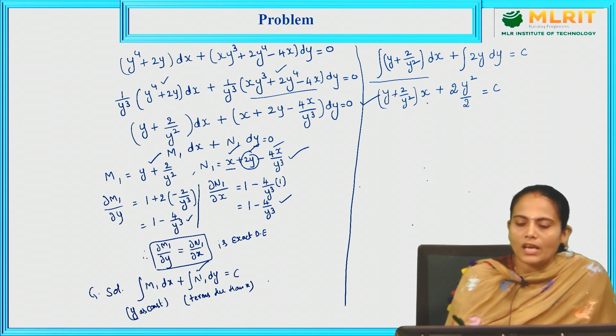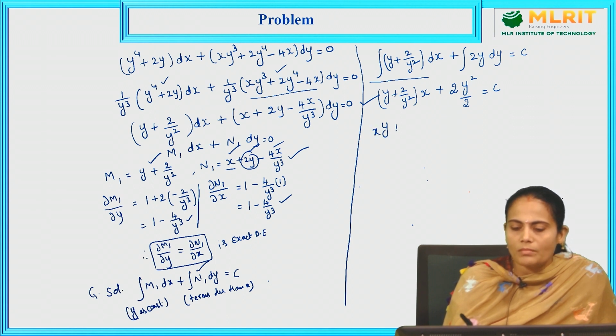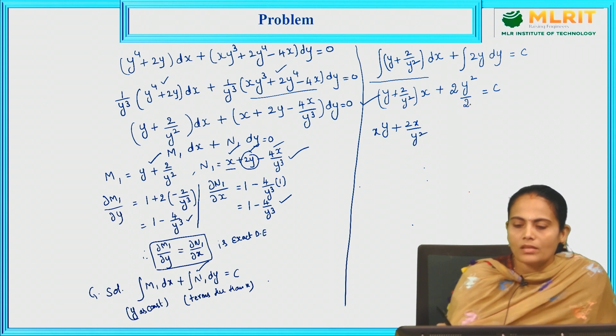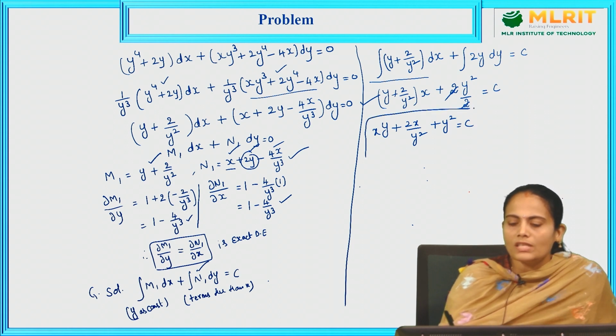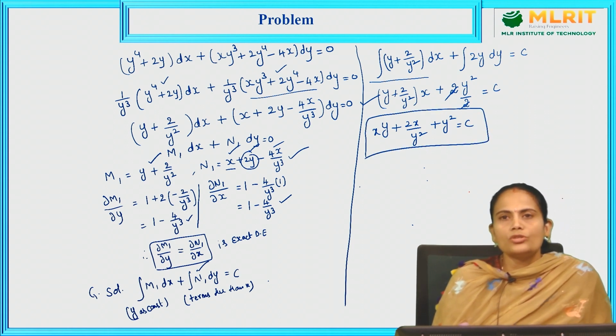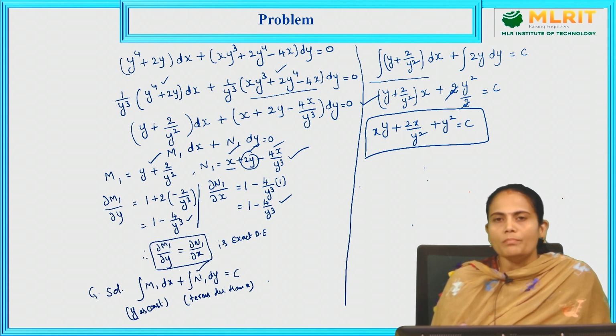And now we write the equation again: xy plus 2x by y square. So here the 2 gets cancelled, plus y square is equal to c.